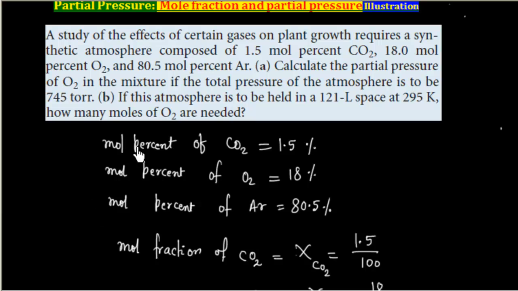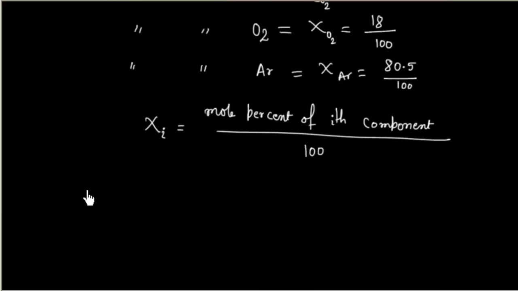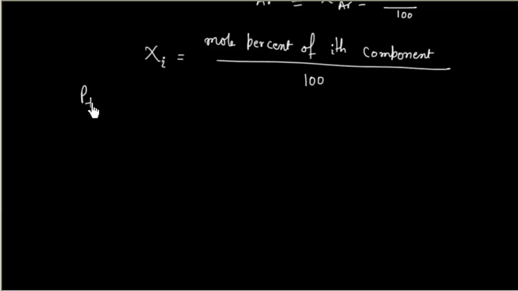Now let us say part A. Calculate the partial pressure of oxygen in a mixture where the total pressure is 745 torr. So we have been given P total, that is 745 torr, and we know the formula: partial pressure of O2 is equal to total pressure times the mole fraction of O2.